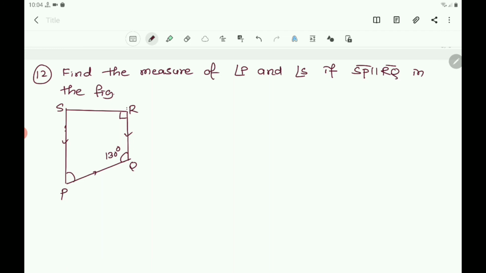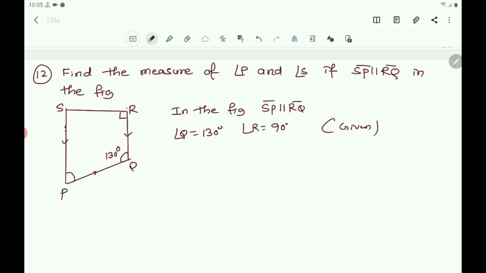So here write in the figure what is given. In the figure, SP is parallel to RQ. And also what are given here, angle Q is equal to 130 degrees, angle R is equal to 90 degrees.